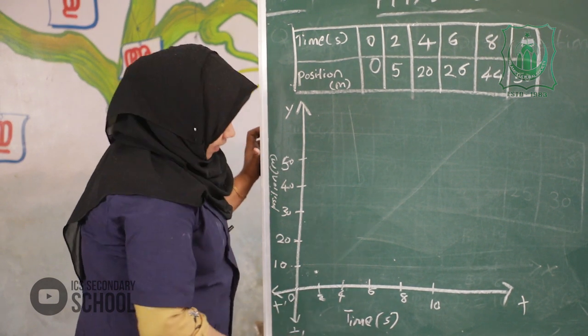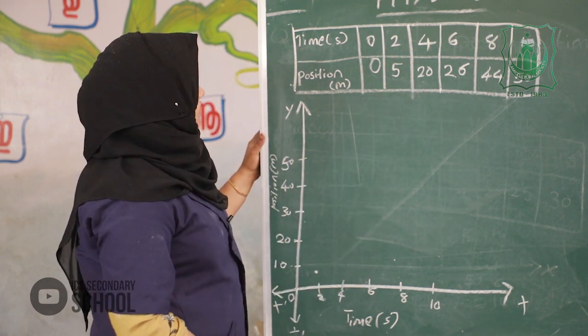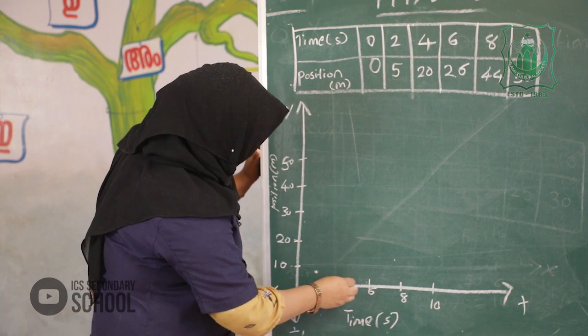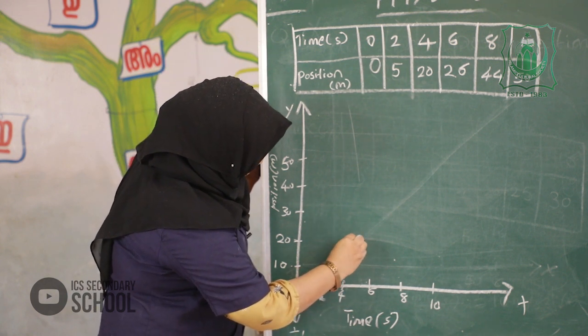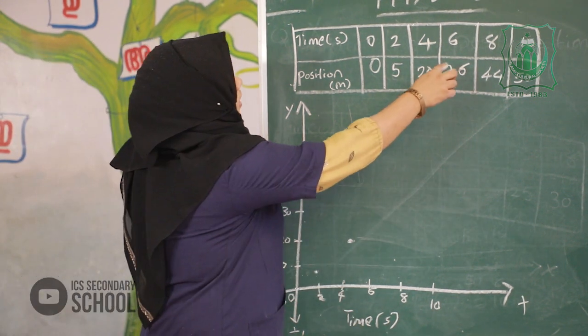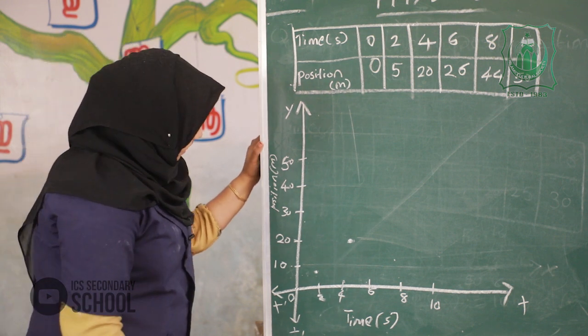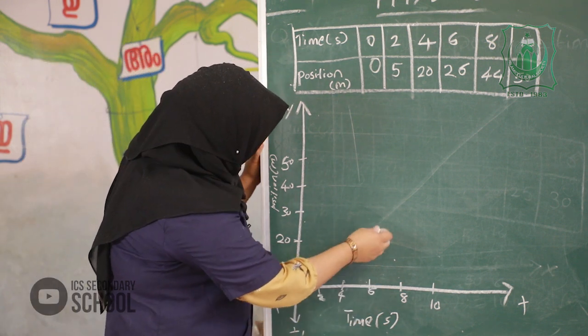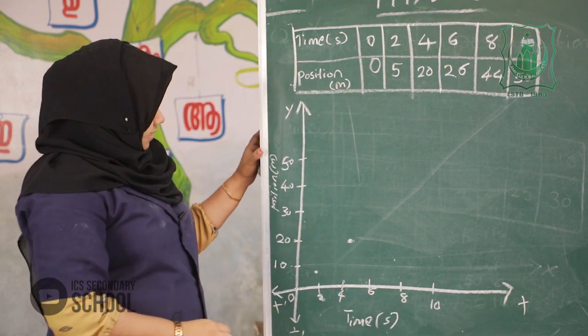Then at 4 seconds, what is the distance? Yes, 20. Next, at 6 seconds, the distance is 26. How can we mark 26 here?